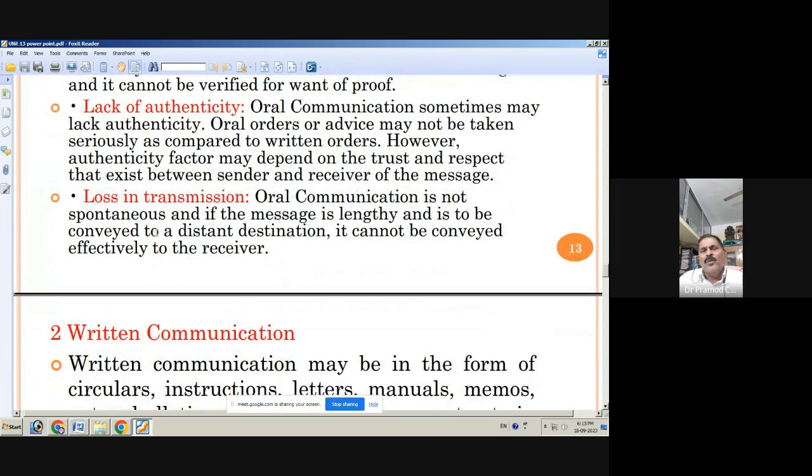While one is saying something to others, he is expressing it in his own ways, in his own terms. Sometimes there will be deviation. Oral communication is sometimes spontaneous, but it is not spontaneous if the message is lengthy, because when it is conveyed to others, it cannot have an effective impact.